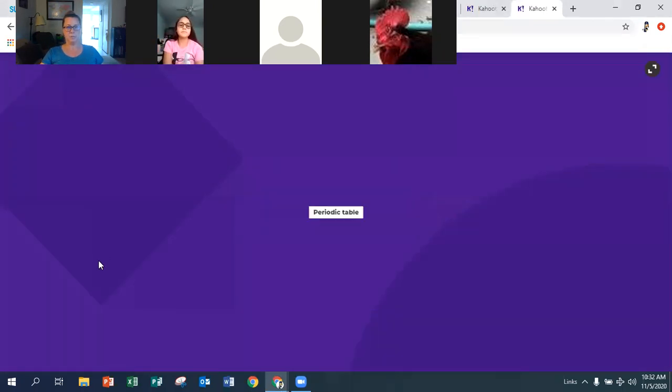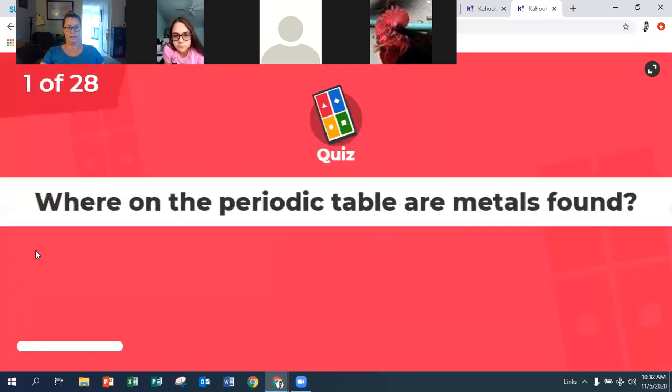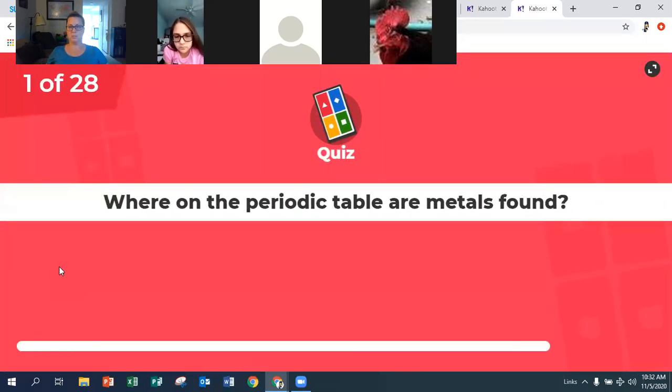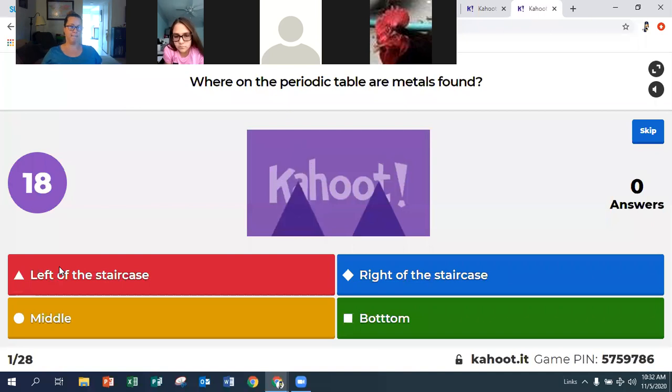Periodic table. Question 1. Where on the periodic table are metals found? To the left of the staircase, to the right of the staircase, in the middle, or on the bottom? For me, the screen share is extremely delayed, like 10 seconds behind.